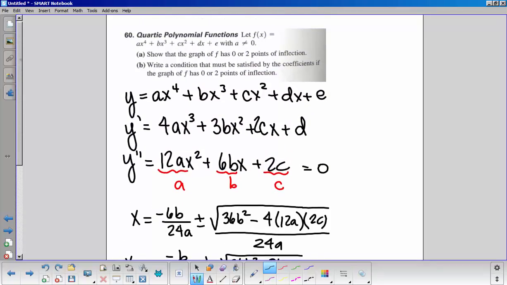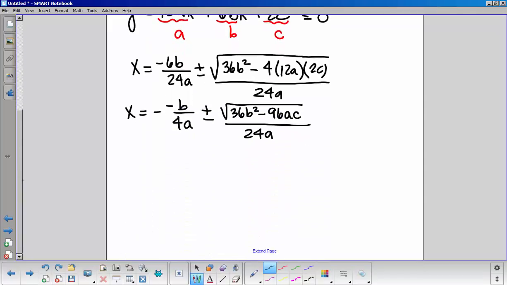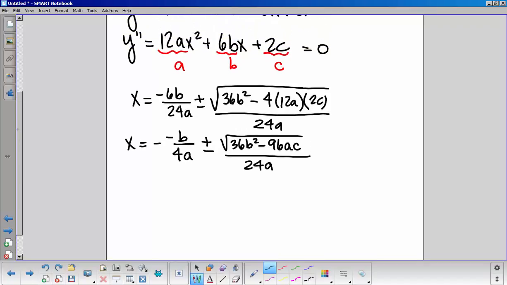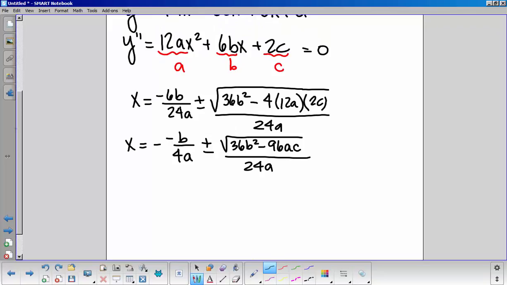They said a is not equal to 0. Could you factor out something in the discriminant? Yeah, we can take out a 4 for sure. Does a 9 go into 96? No.